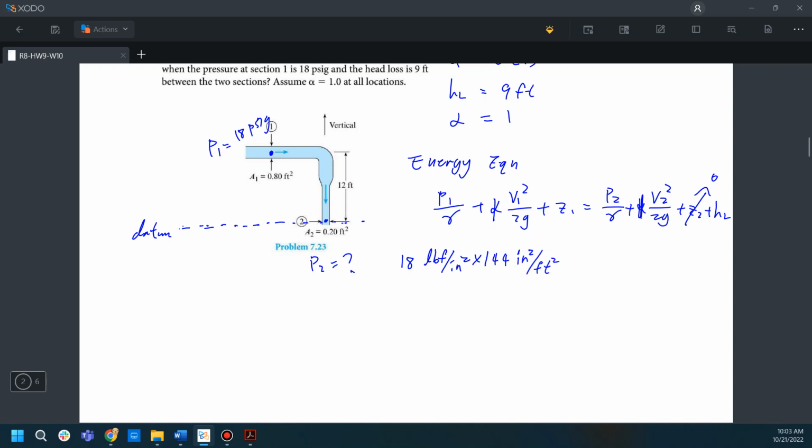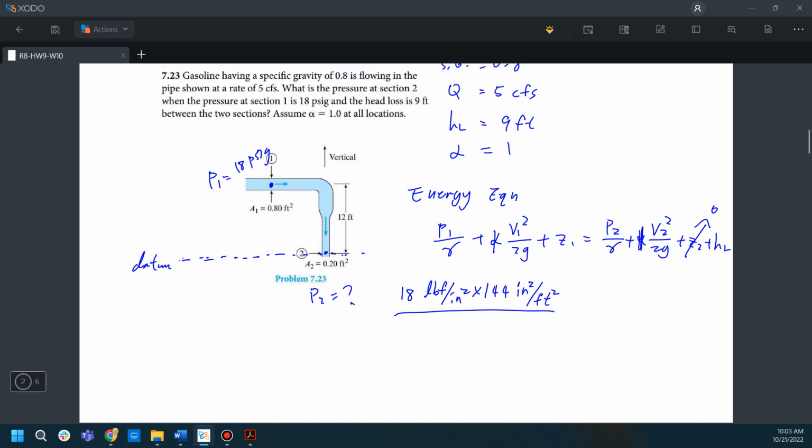So basically you convert the square inch to the square feet and divide by the gamma.